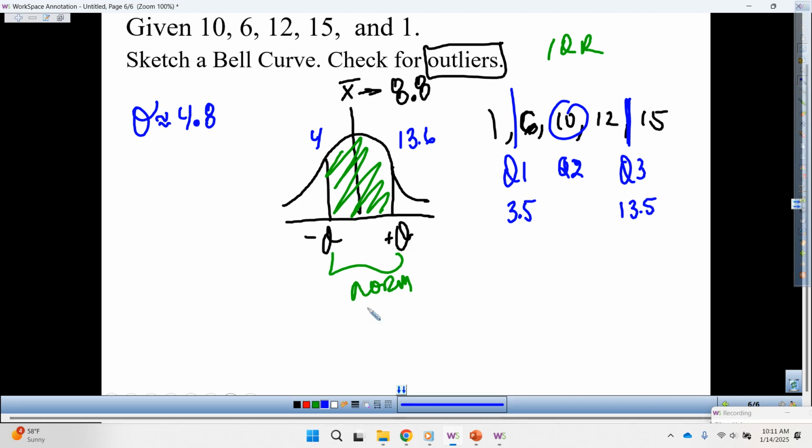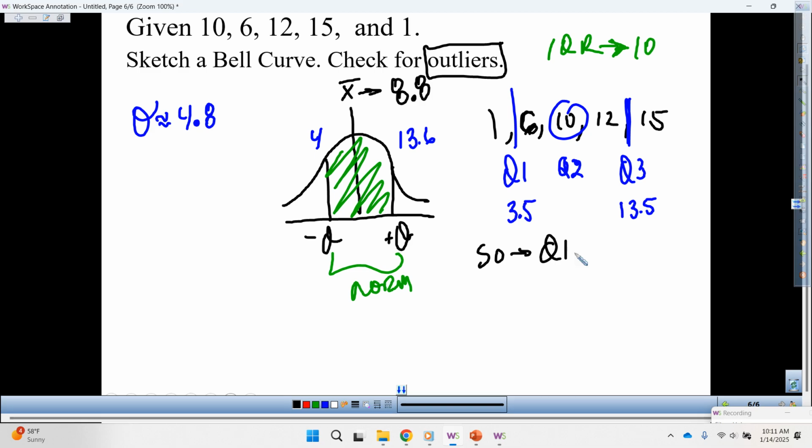Yes? So that means the IQR is what? Pass someone? Austin. Mario. 10.